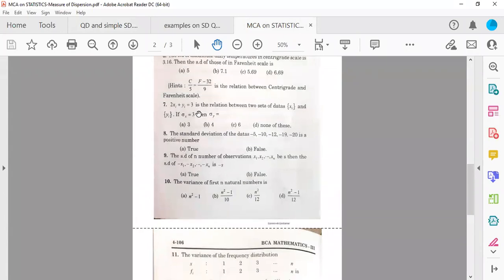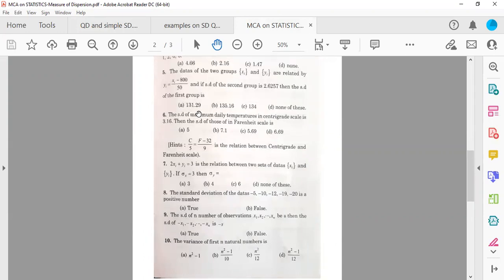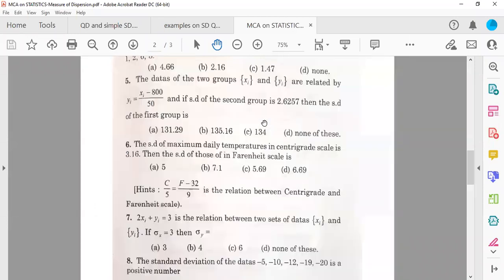Let question number 7, let's go for this. Or rather question number 5. Let us go for this question number 5. See this example.